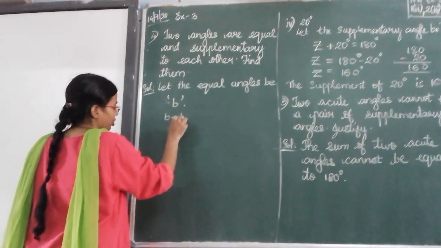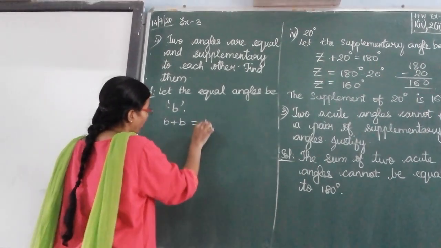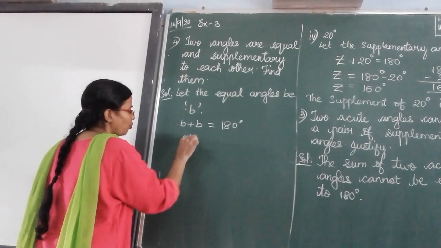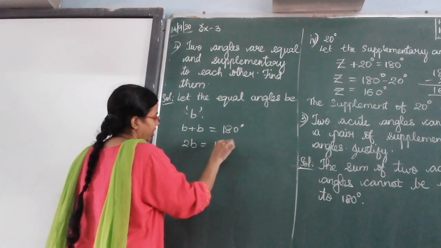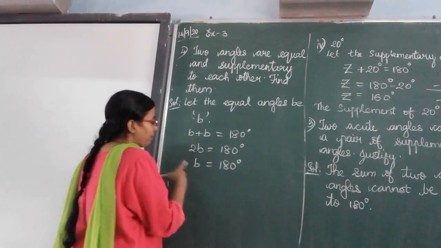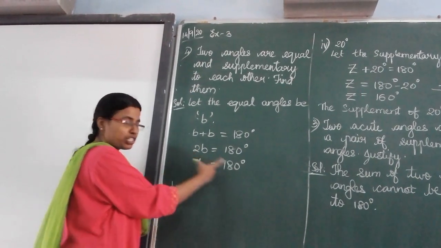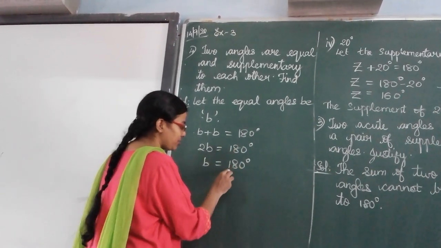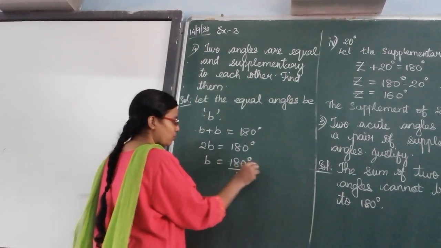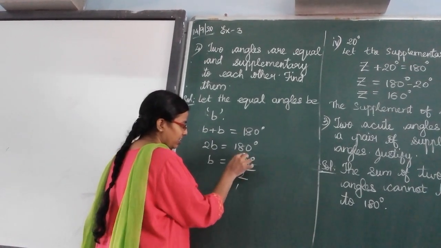So the addition of two angles should be equal to 180 when it comes to the supplementary angles. So here 2b is equal to 180 degrees. B is equal to 180 degrees, multiplication, when it is transposed to the other side, it becomes division, divided by 2. So 2 1s are 2, 2 9s are 18, 0.